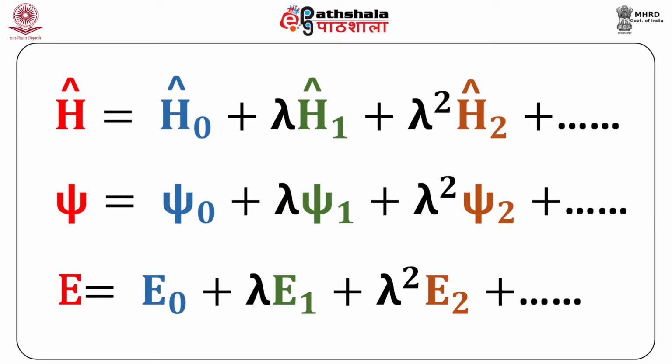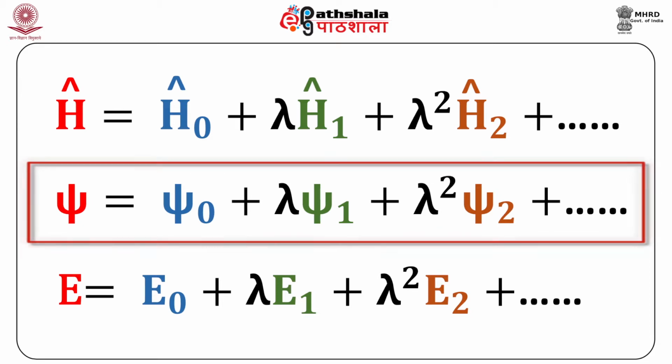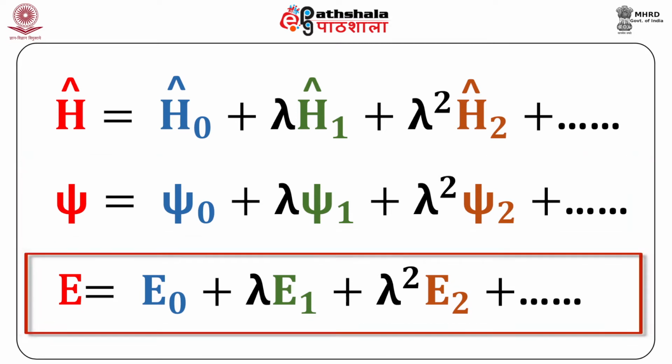Then the corresponding wave function psi is equal to psi 0 plus lambda psi 1 plus lambda square psi 2 and so on. And correspondingly, the total energy of the system can be written as E0 plus lambda E1 plus lambda square E2.